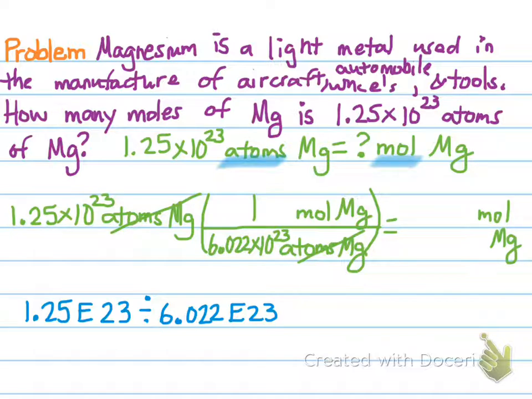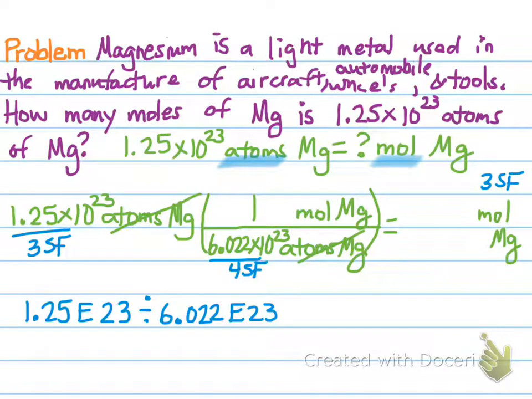Now, the other thing is, your calculator gives you a big, long decimal number. But we've learned about significant figures, right? So, we need to look at significant figures here. This number has 3 significant figures, and this one kind of really has 4. So my answer should only have 3 significant figures.